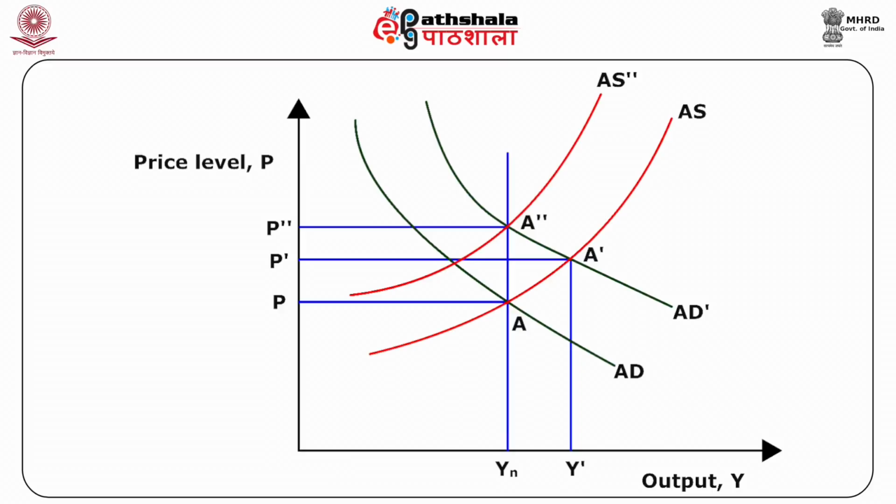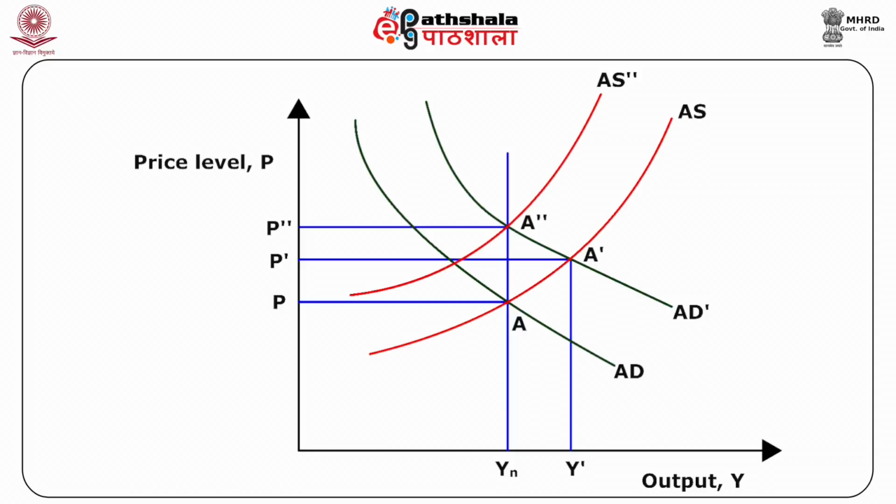The economy moves up the new AD curve, that is AD dash. The adjustment process continues till the output returns to the natural level of output.